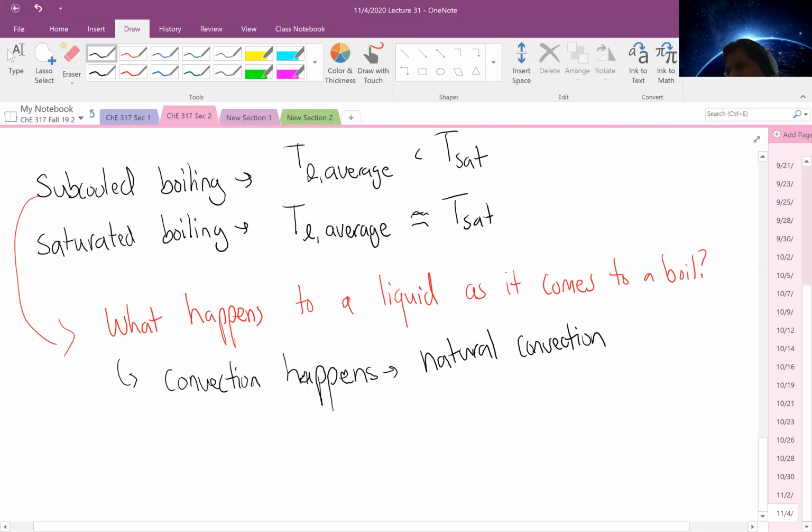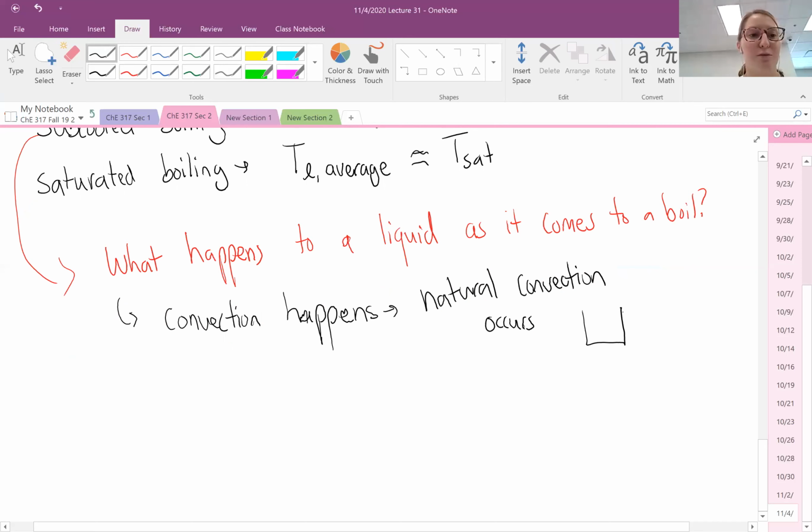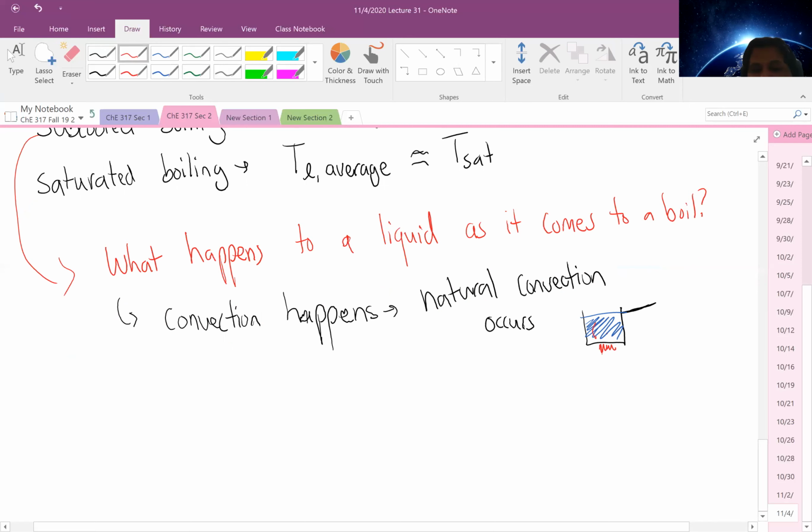Then what happens as you keep boiling it? Bubbles start to form in the bottom. All right, so initially we've got the liquid, fire, and then we start seeing the natural convection. Then we have bubbles form.